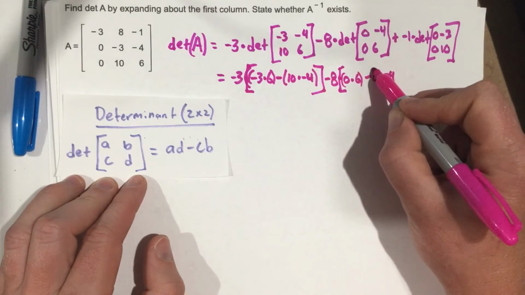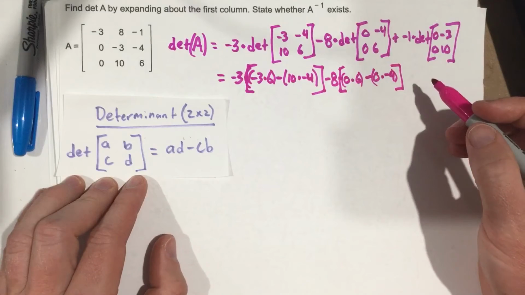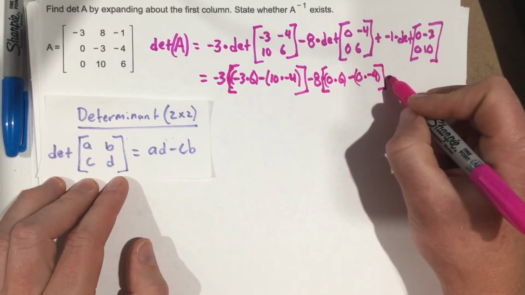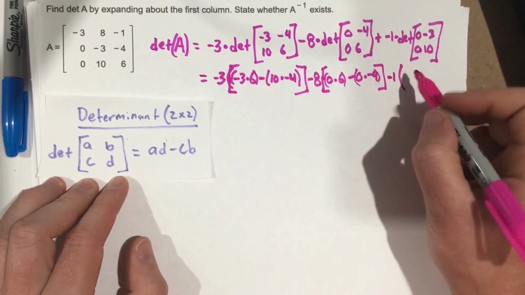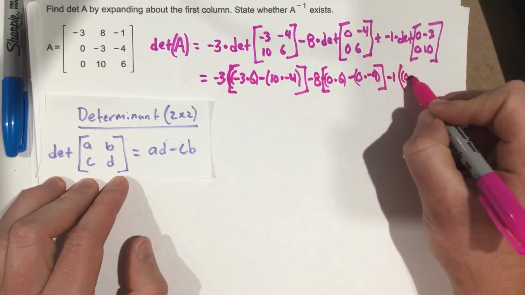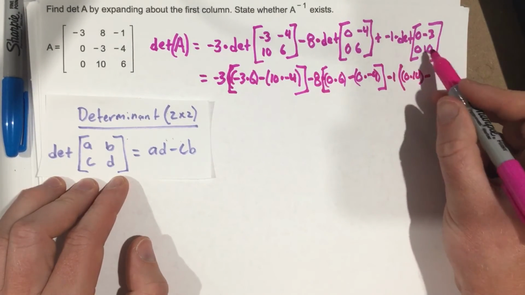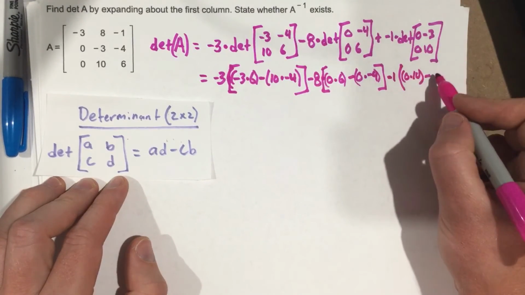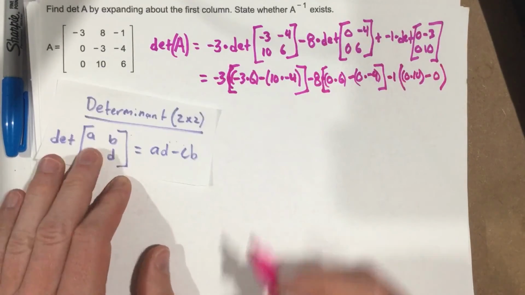Put those in parentheses. And then this will be minus 1 times its determinant, which is 0 times 10 minus 0 times negative 3. I'm running out of room, and 0 times negative 3 is 0, so I'm just going to put 0 in there.